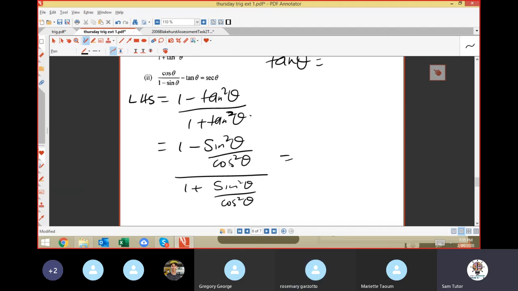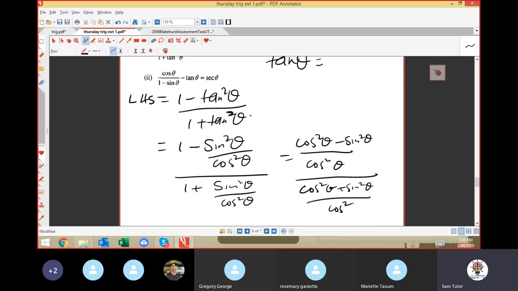Next line, common denominator, so this becomes cos squared minus sine squared on cos squared over cos squared plus sine squared on cos squared. What does cos squared plus sine squared become? 1.